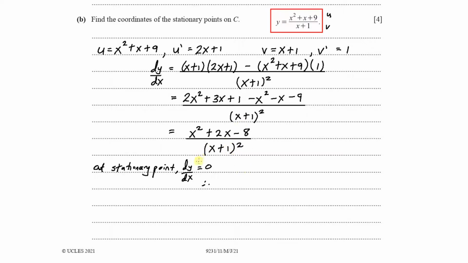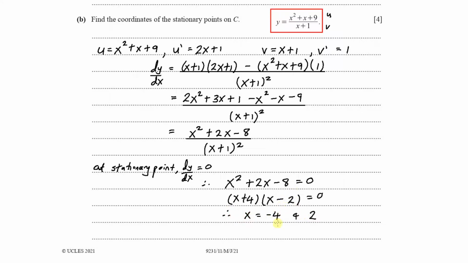And we will eventually get x² + 2x - 8 = 0. Now, by factorization, we should have 4 and 2, and this should be plus and this should be minus. So therefore, the values of x are -4 and 2.